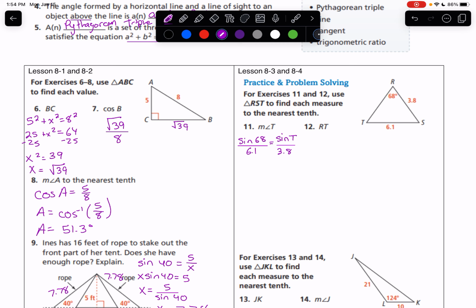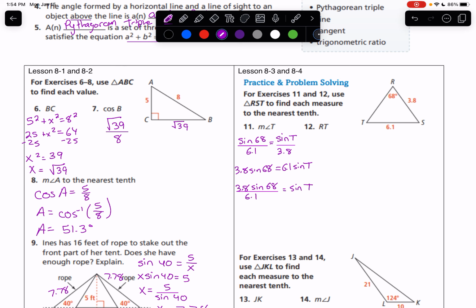Cross multiply, that gives us 3.8 sine of 68 is equal to 6.1 sine of T. Divide both sides by 6.1. We'll get 3.8 sine of 68 over 6.1 equals the sine of T.